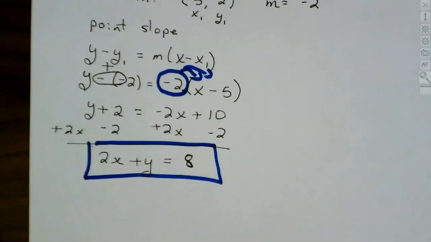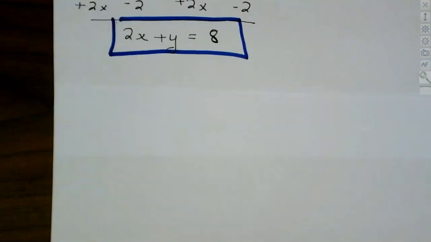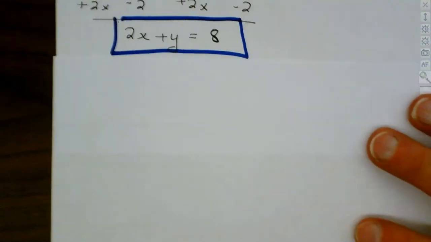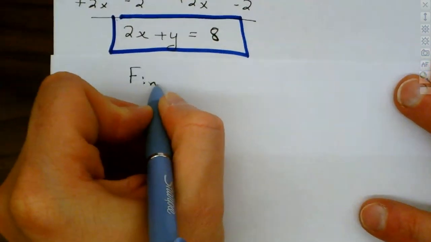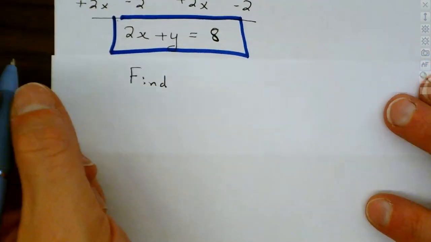Let's do another one. We'll do 2 of each type. So we'll do 2 where you have a point and a slope, 2 where you have 2 points, and 2 of them also when you have a point and a line equation. So same directions. This time, though, we're going to get it in slope-intercept form.